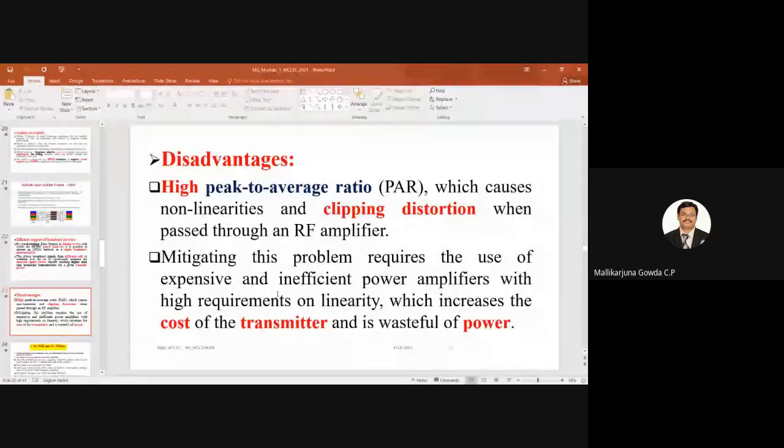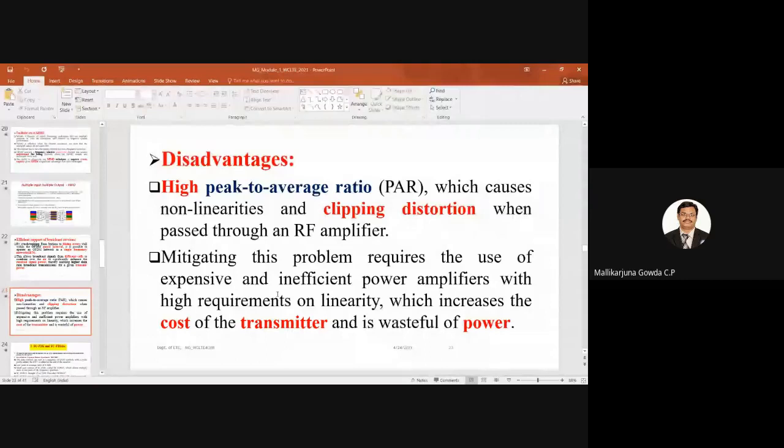That is one drawback of OFDM. See, in an amplifier, you all know gain is important and linearity is also important. Both cannot be achieved simultaneously, so there will be a trade-off.